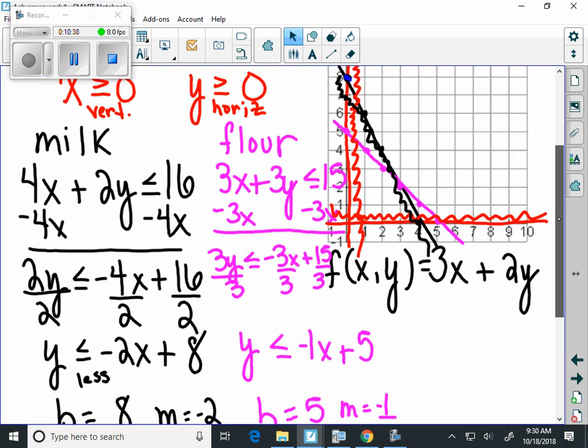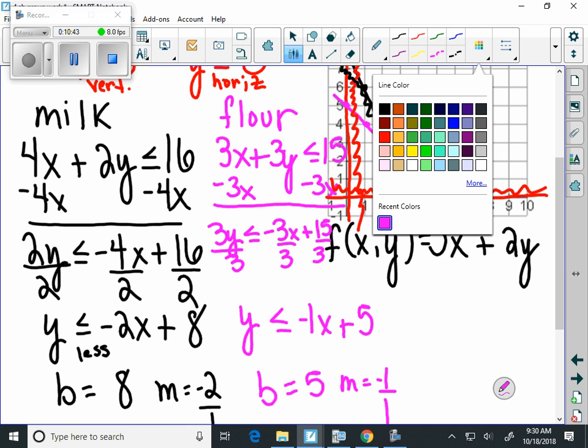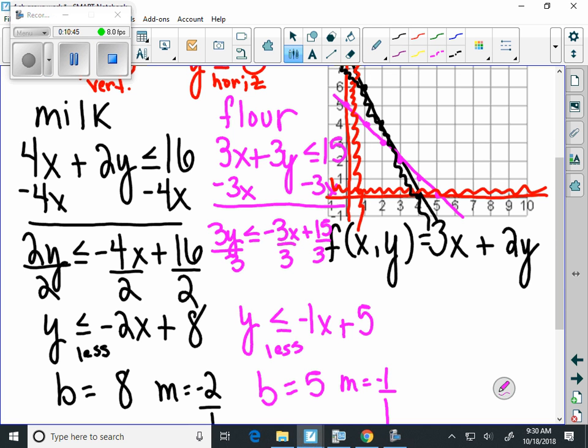It's going to be the same idea with this pinkish purple graph. The inequality is pointing to the left, so it's less. We're going to go to where the graph crosses the y-axis. Again, I put that point in blue.